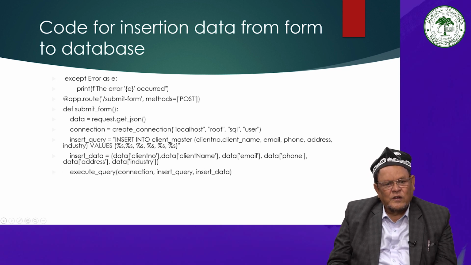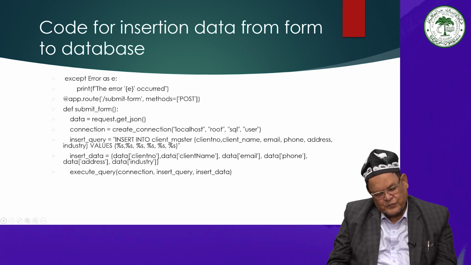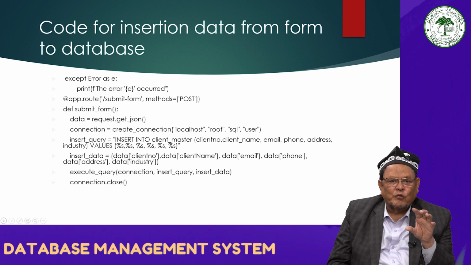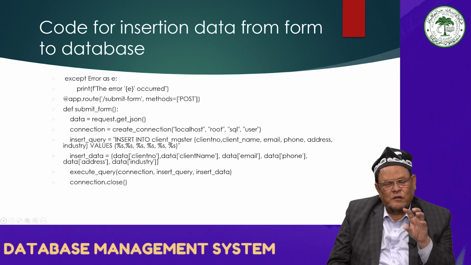Execute query, connection, insert query, comma, insert data. In this way, we are able to execute the query. Then connection closed. In this way, we are able to insert values by using the form interface.